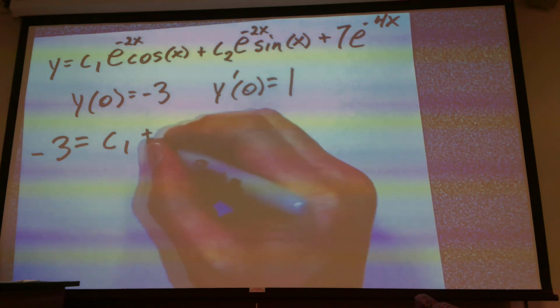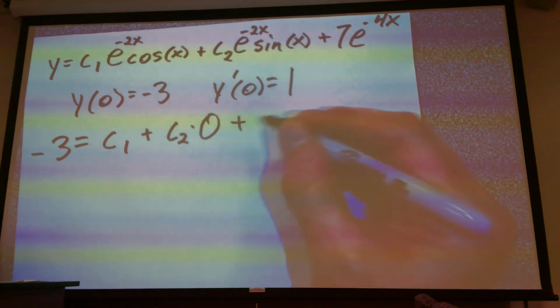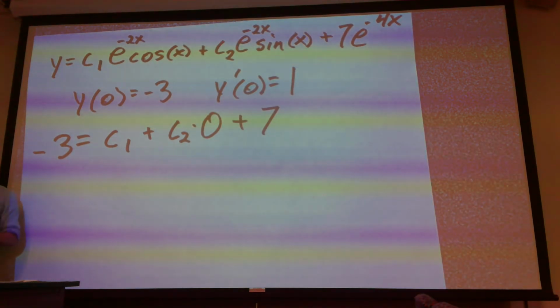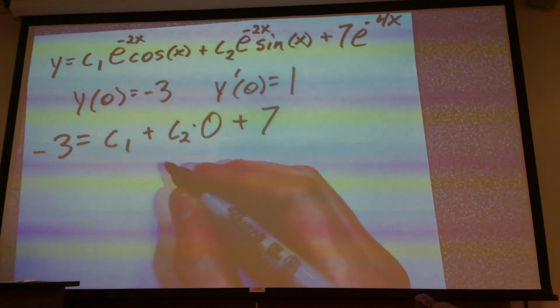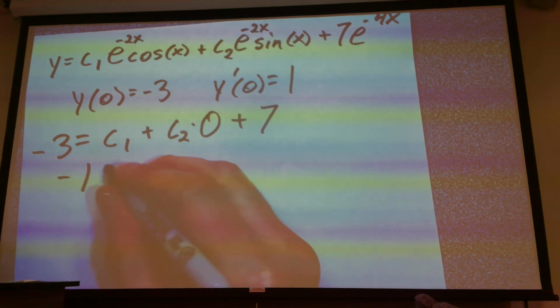And then the next guy is plus C2 times 0, and then plus 7, because e to the minus 4 times 0 is e to the 0, which is just 1. Okay. So if I subtract the 7 over to the other side, that's going to give me that C1 equals negative 10.